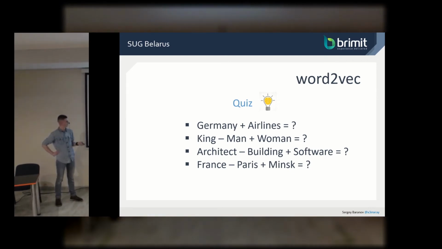Queen. Architect, subtract building, add software. Developer, okay. And the last one, France, subtract Paris and add Minsk. Belarus. Okay. Let's check.